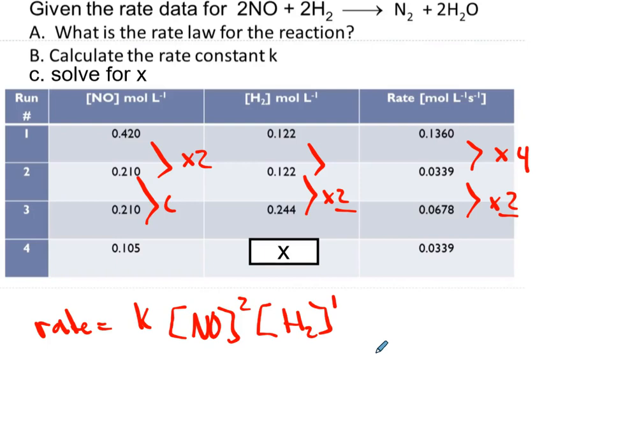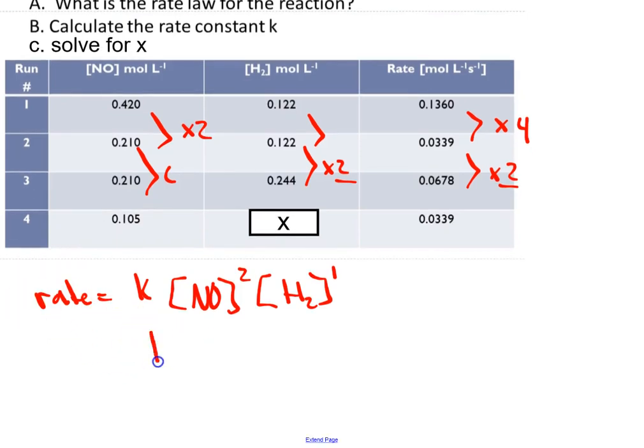All right. So who at least had the rate law correct? Would you raise your hand? That's a fair amount of people. All right. So then you solve for K. K is equal to your rate divided by NO squared and H2 to the first. Well, that's ugly, but whatever.